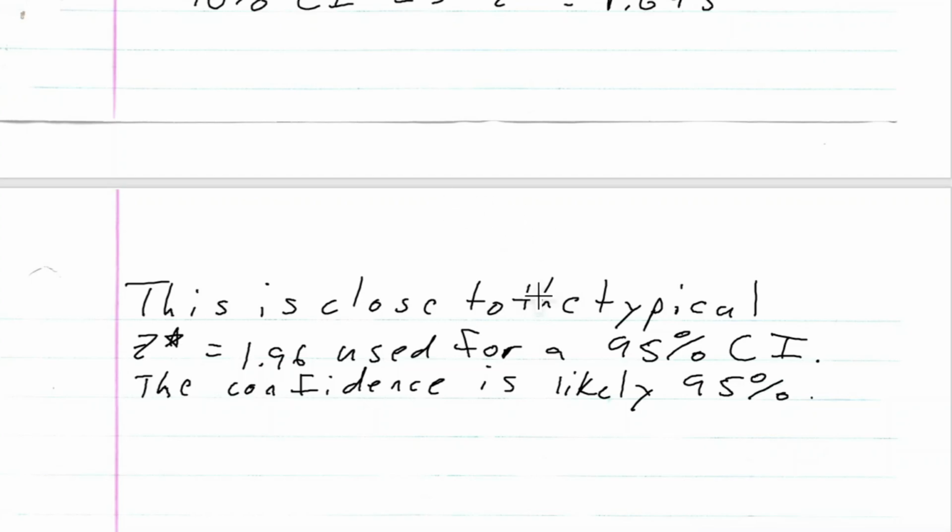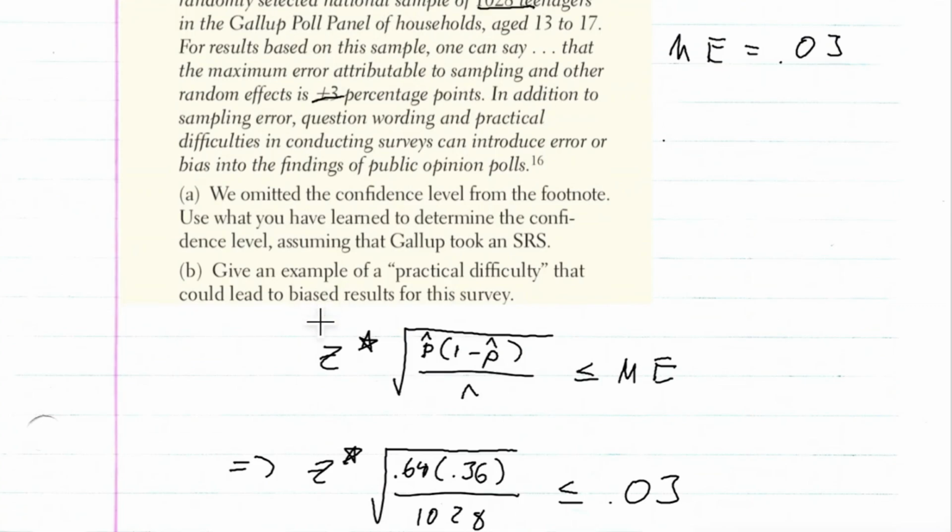All right. So let's go ahead and look at part B. Give an example of a practical difficulty that could lead to a biased result for the survey.